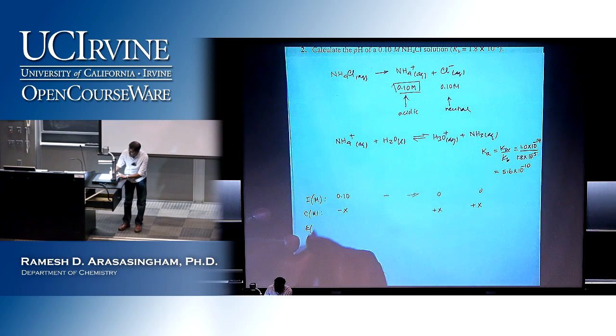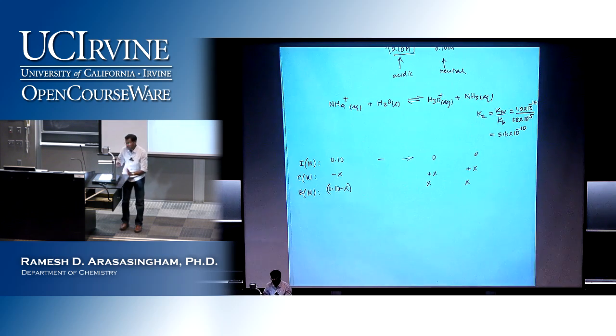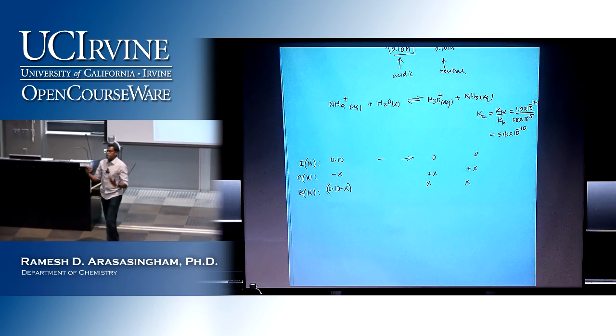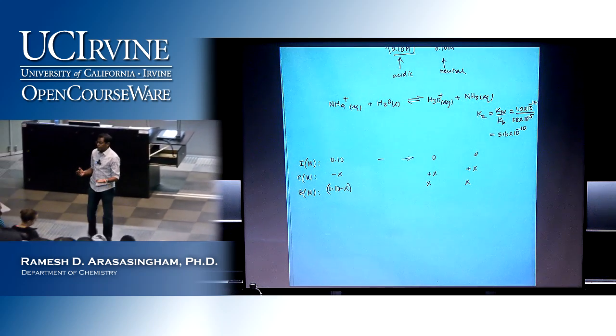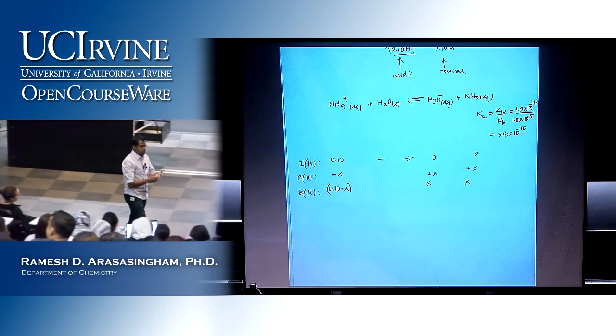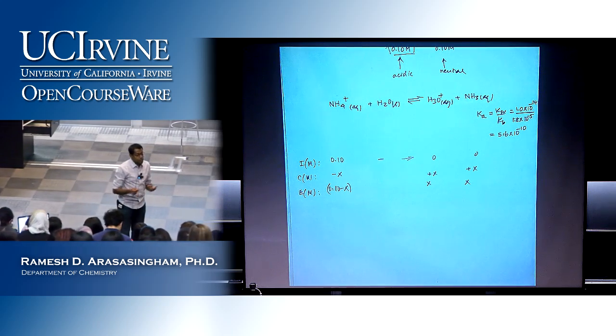Therefore, at equilibrium, I would have 0.1 minus x, x, x. So you can see that there's a general pattern to solving all these problems. Almost every problem that we've handled, whether it's a weak acid, weak base, or polyprotic acid, uses the same approach.